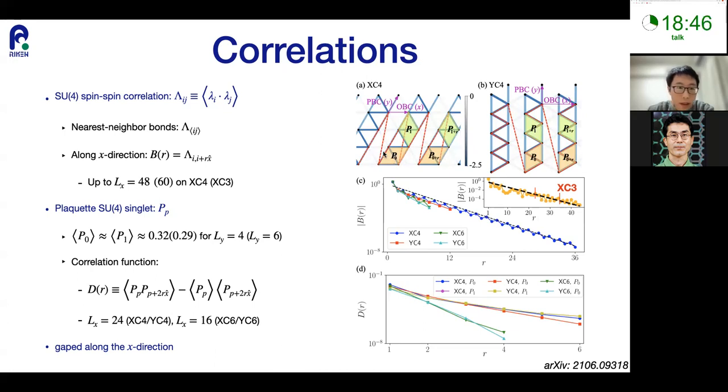We consider the RCO4 singlet in this plaquette and measure the correlation between two plaquettes with distance. And you can see that its correlation also decays very fast. So we can consider that both for even width cylinders and for odd width cylinders, the system is always gapped in the x direction.